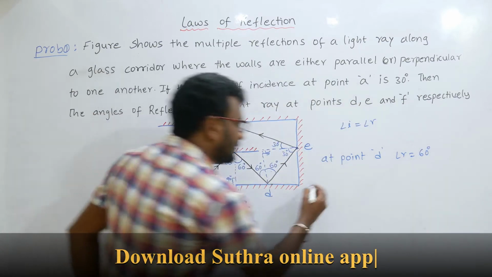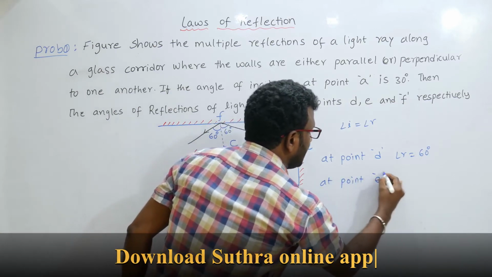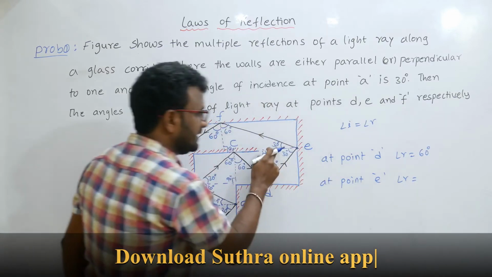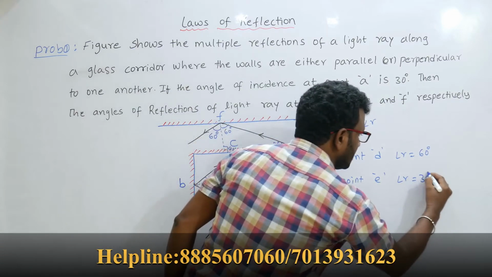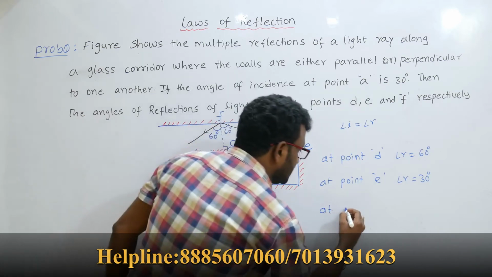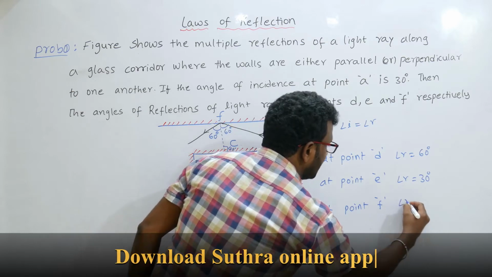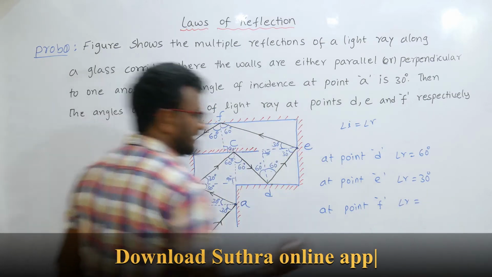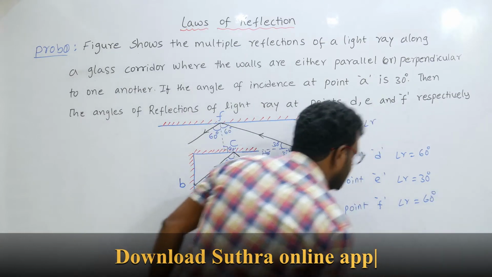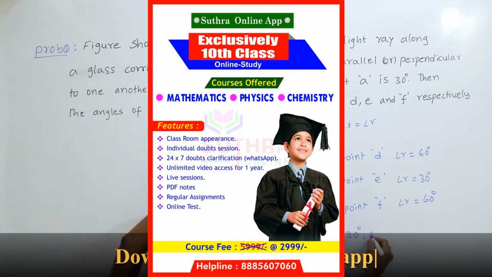Next at point E, the angle of reflection is 30 degrees, right. At point F, the angle of reflection is 60 degrees. So your answer is 60 degrees, 30 degrees, 60 degrees.